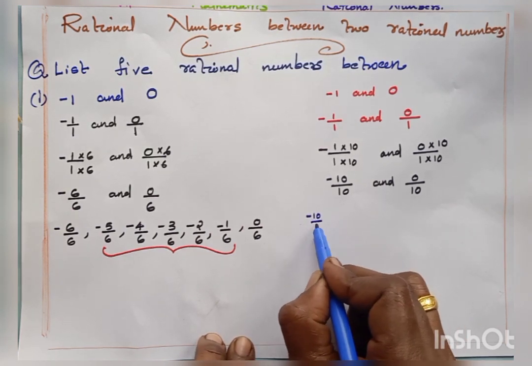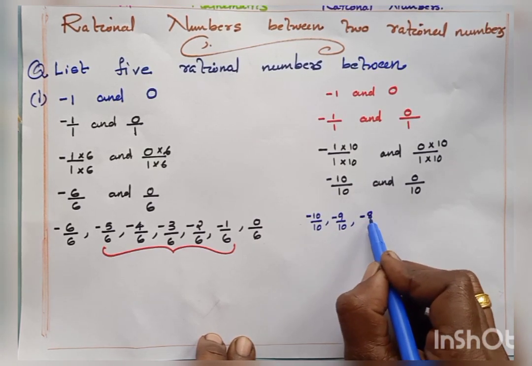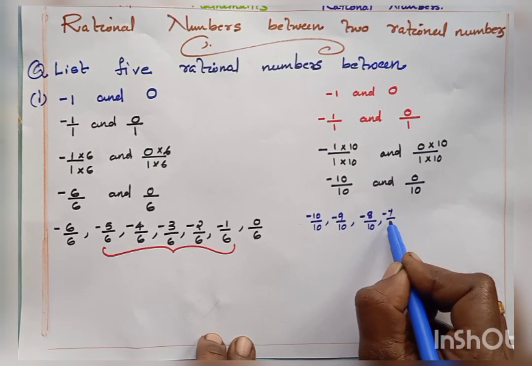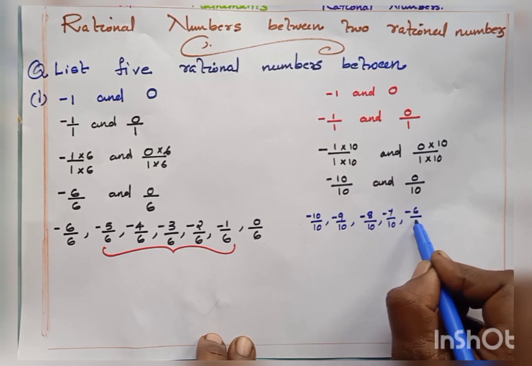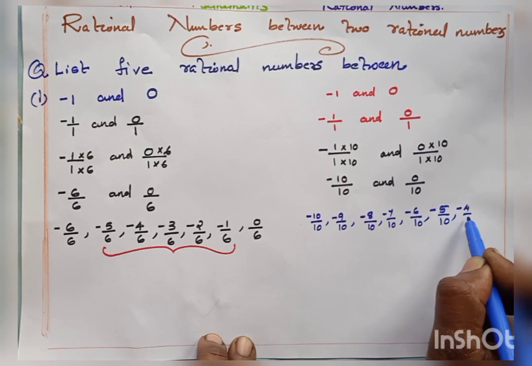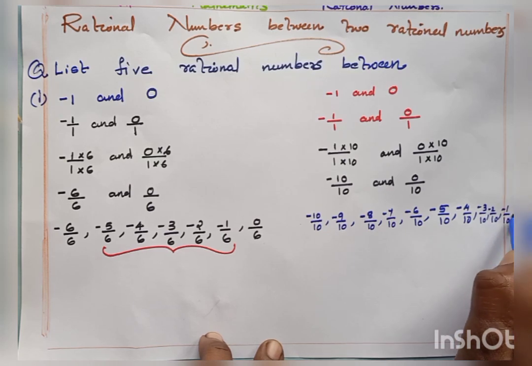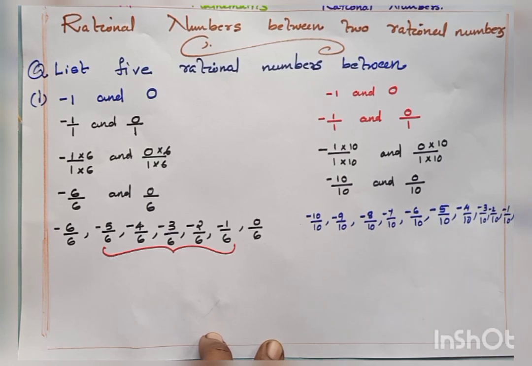Minus 10 by 10. Then minus 9 by 10. Minus 8 by 10. Minus 7 by 10. Minus 6 by 10. Minus 5 by 10. Minus 4 by 10. Minus 3 by 10, minus 2 by 10, minus 1 by 10 and 0 by 10.